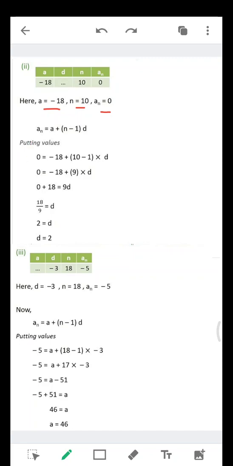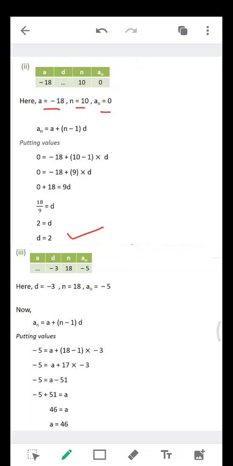I'll substitute all the values. a is minus 18 and n minus 1 becomes 10 minus 1 into d. We don't know the value of d, so I have written d only. This minus 18 goes to the left, it becomes plus 18 by transposing. So 9d is equal to 18, so d will be equal to 2.